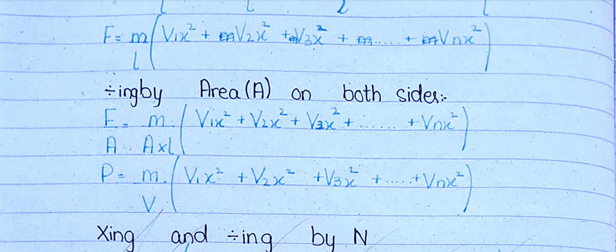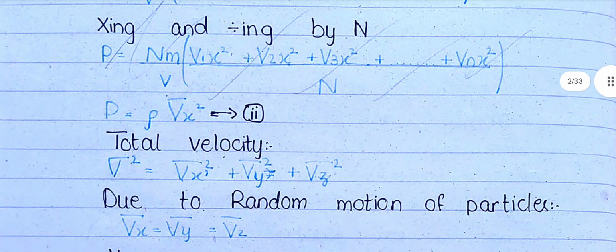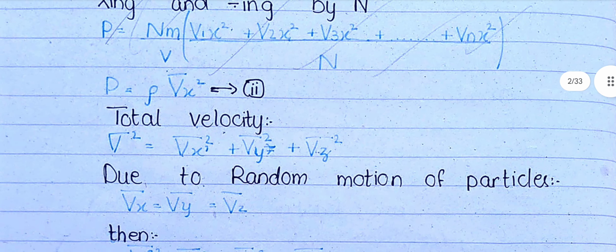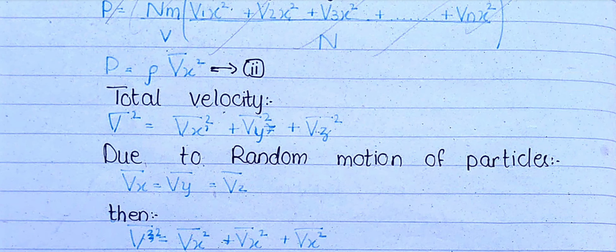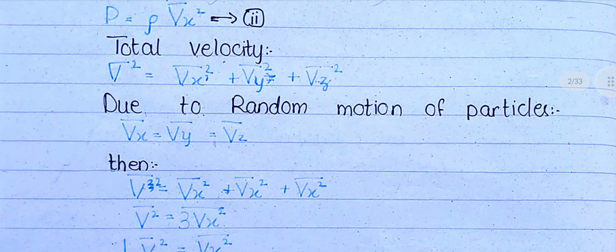So P is equal to rho Vx bar square. Total velocity: V bar square is equal to Vx bar square plus Vy bar square plus Vz bar square. Due to random motion of particles, Vx bar is equal to Vy bar is equal to Vz bar.